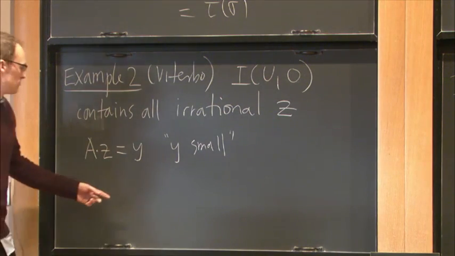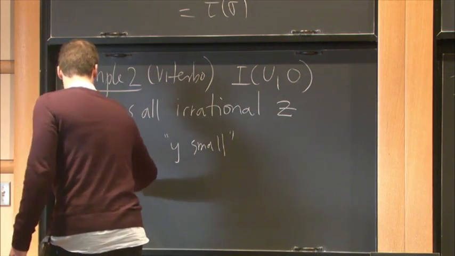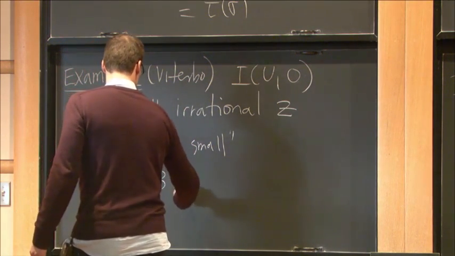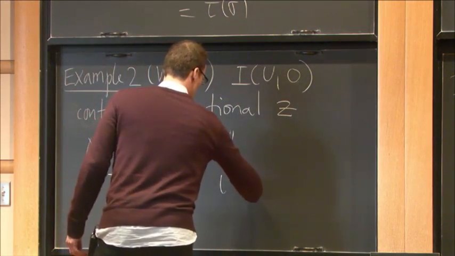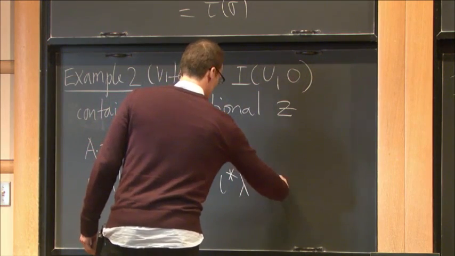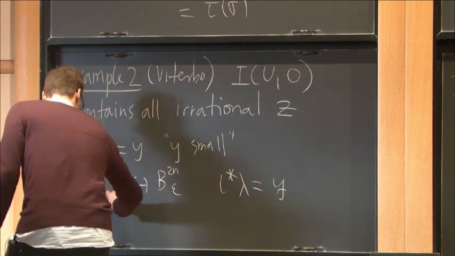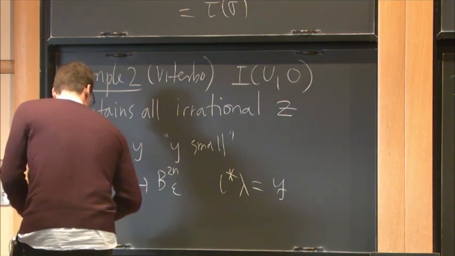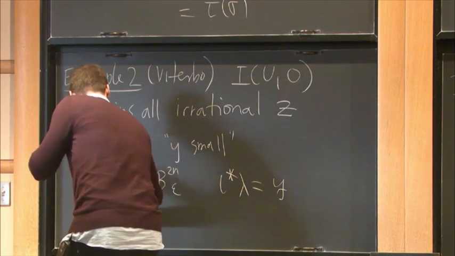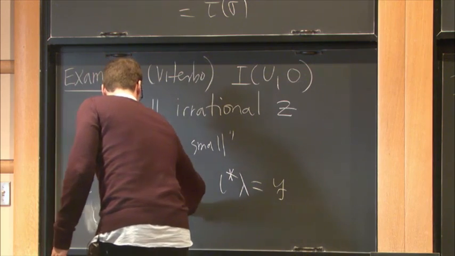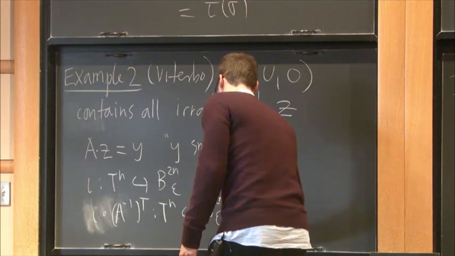And just take a split Lagrangian torus that embeds into the ball, and so that i star of lambda is Y. And then I can just look at A inverse transpose composed with this one.